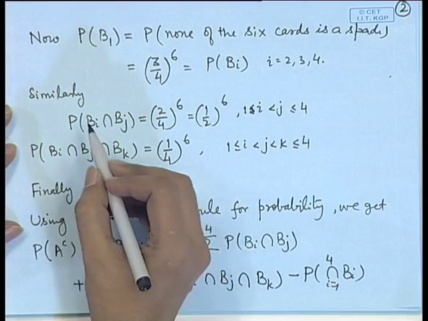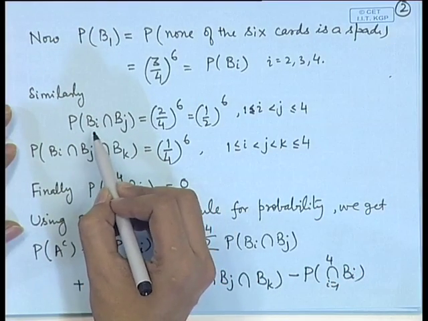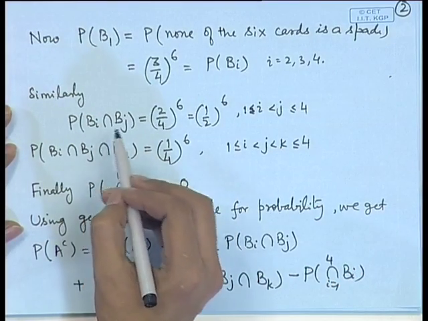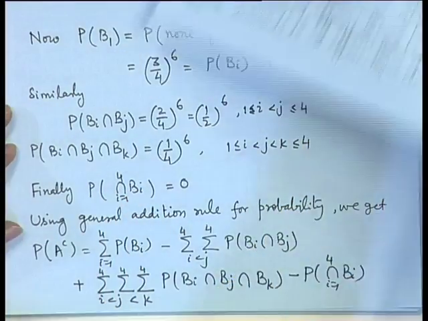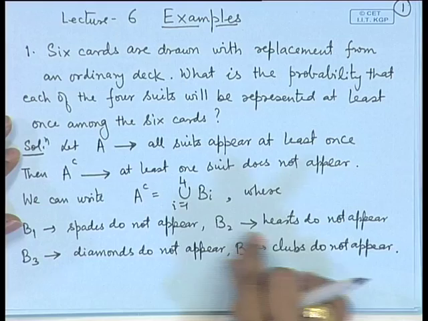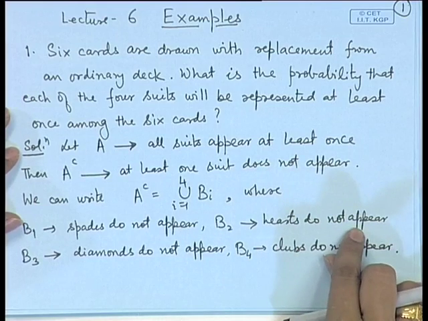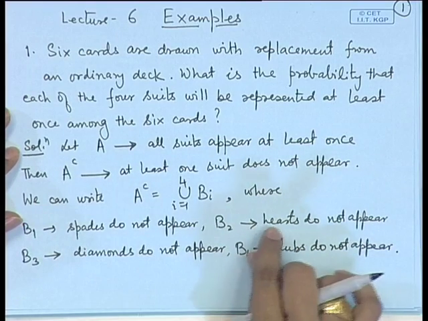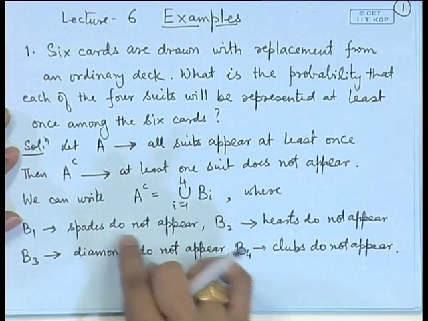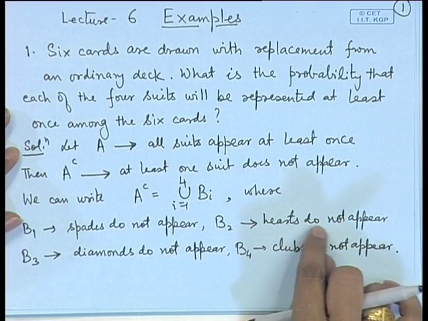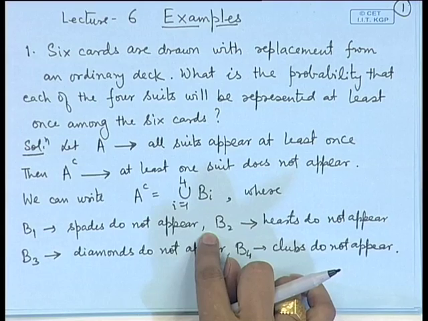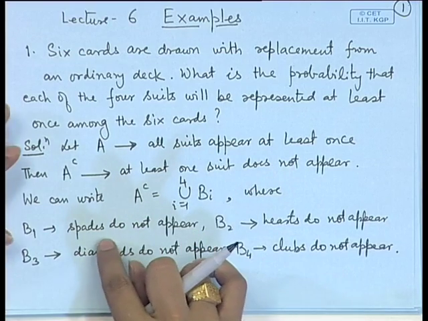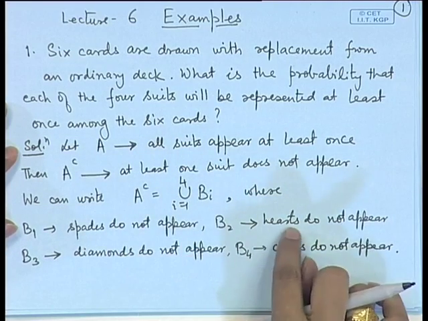In a similar way, let us consider probability of B_1 intersection B_2. Now, B_1 means that spades do not appear, and B_2 denotes the event that hearts do not appear. So, B_1 intersection B_2 means that in the drawing of the cards, spades and hearts do not appear. Now, in a deck of 52 cards, 26 cards are spades and hearts.